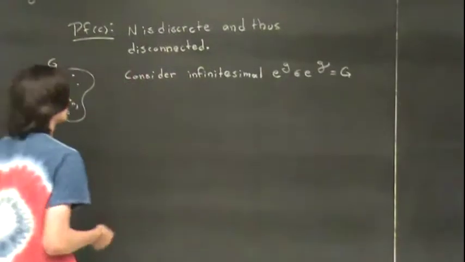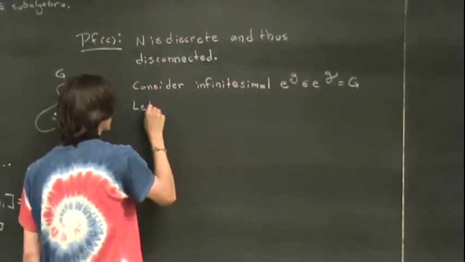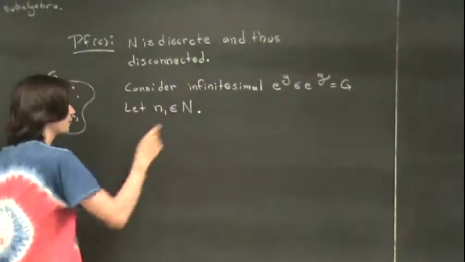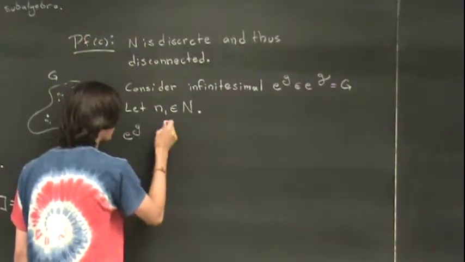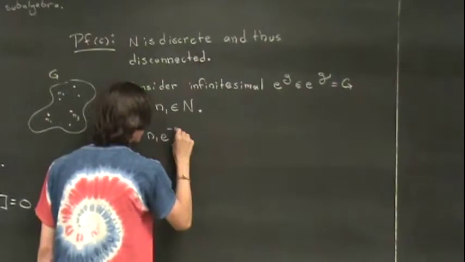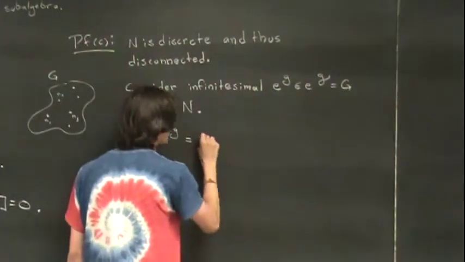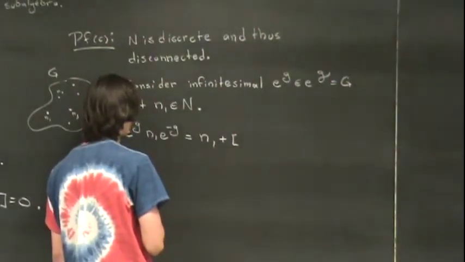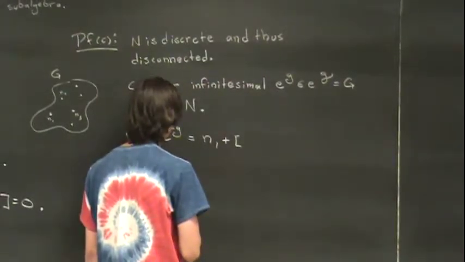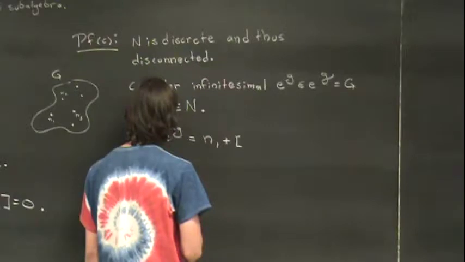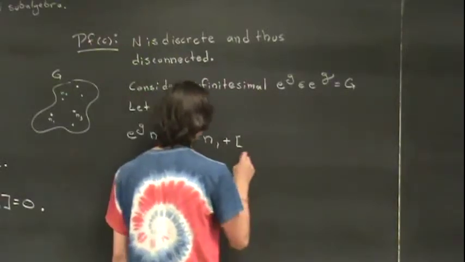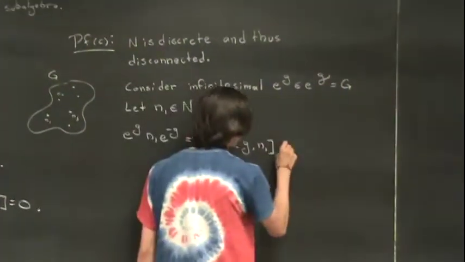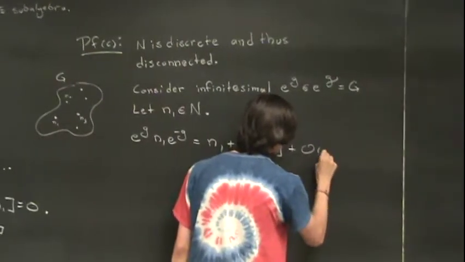So consider an infinitesimal element of g. If we conjugate, so let n1 be an element of big N. If we conjugate n1 by one of these group elements, what we end up getting back is n1 plus the commutator of n1 with g, plus terms of order g squared.